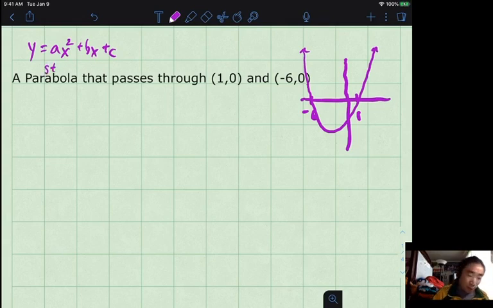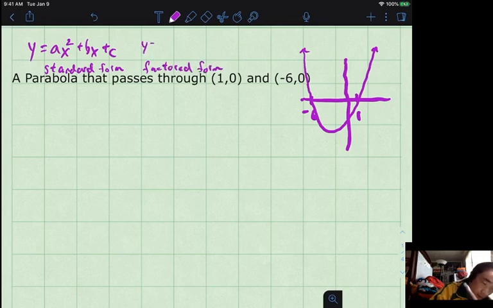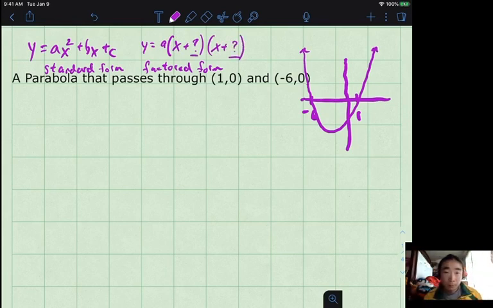In this chapter we go over three forms of a quadratic. Factored form, this is what we worked with a lot. It looks like y equals, sometimes there's an a, then x plus something, and then x plus something else. That's factored form. And then the newest form that we're playing around with looks like y equals a times (x minus h) squared plus k.